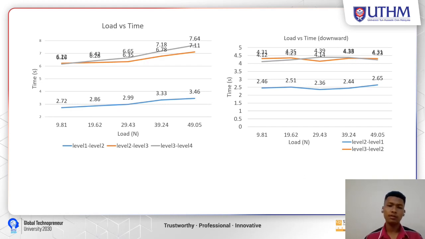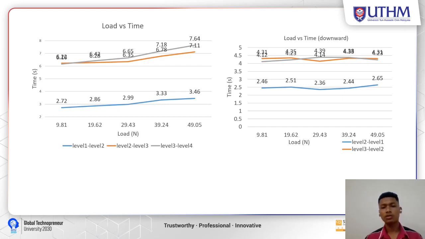This is because when the load increases, the energy to perform it also increases. From 9.18 Newton to 29.43 Newton, the time is still 6, but after that it is 7. And as already told, the data is not consistent.